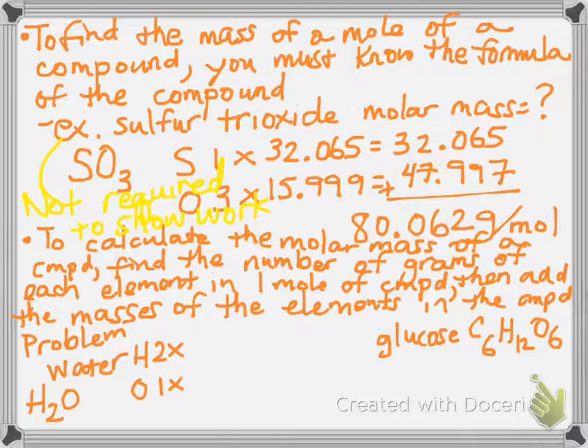So water has 2 hydrogens and 1 oxygen. The mass of hydrogen is 1.0079. That's from my periodic table. Oxygen is 15.999.